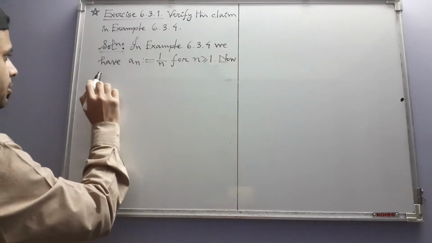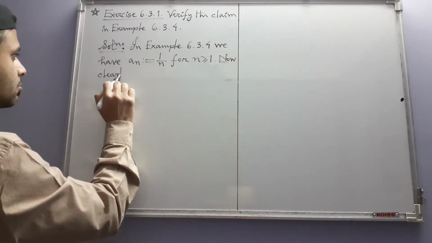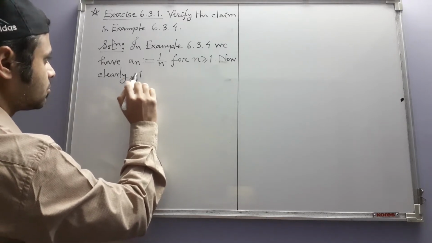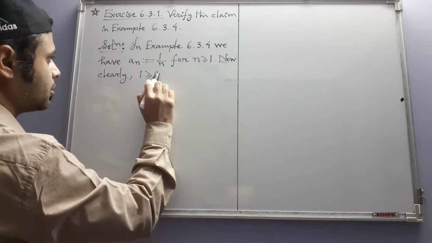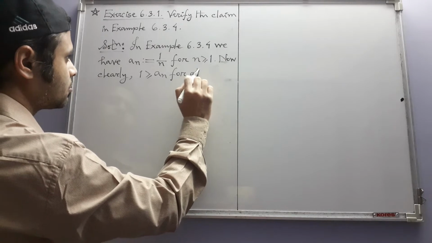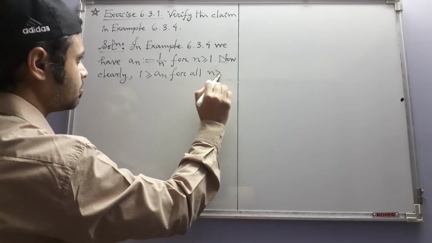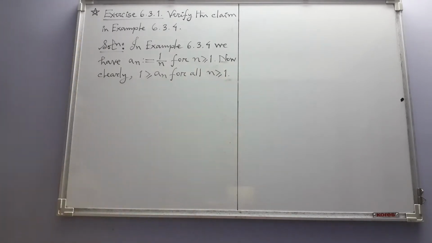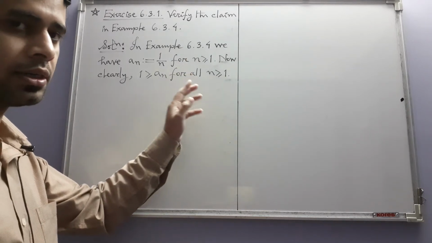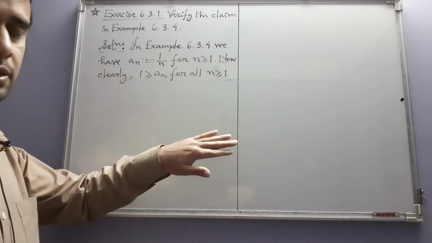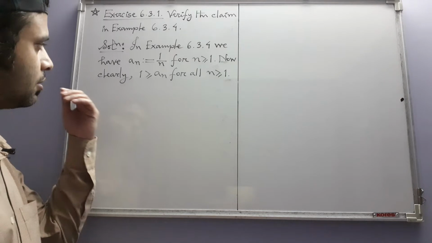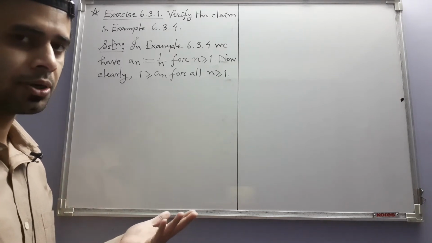Now clearly, 1 is greater than or equal to a_n for all n greater than or equal to 1. That is because when n is 1, 1 over n is 1. Otherwise, it is strictly smaller than 1. 1 over 2, 1 over 3, all of these real numbers are strictly smaller than 1.